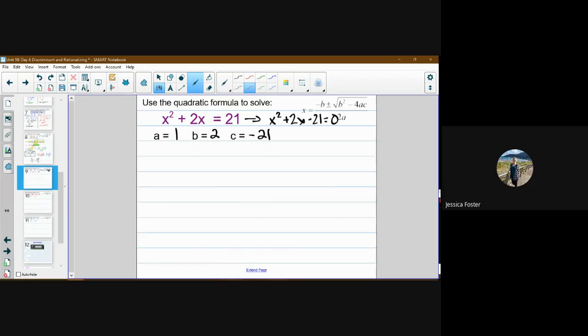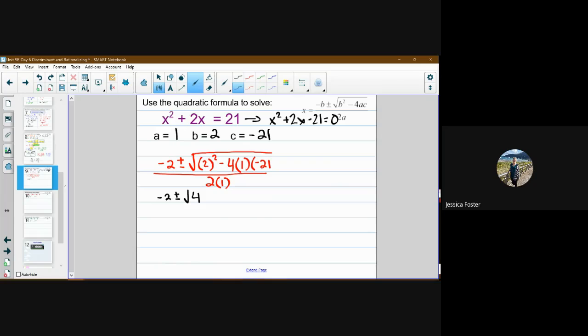So I've got negative b plus or minus the square root of b squared minus 4 times 1 times negative 21, all of that divided by 2 times a, 2 times 1. Simplifying, I'm going to simplify the same stuff that I did last time. I don't have double negatives to simplify this time, but I will rewrite it as negative 2 plus or minus the square root of 2 squared, which is 4.